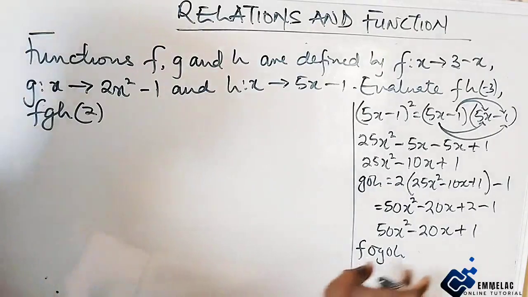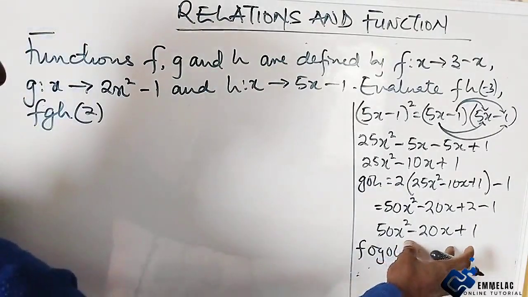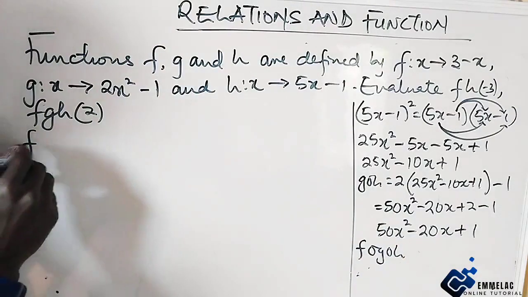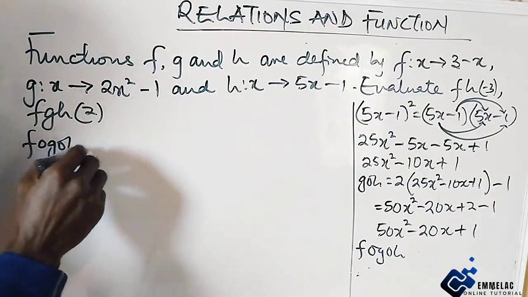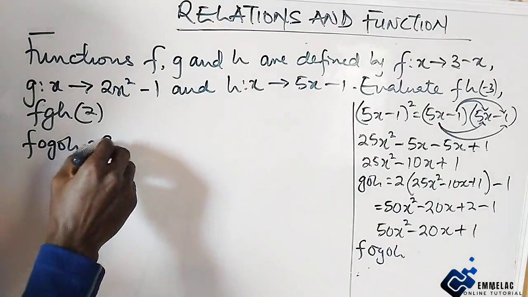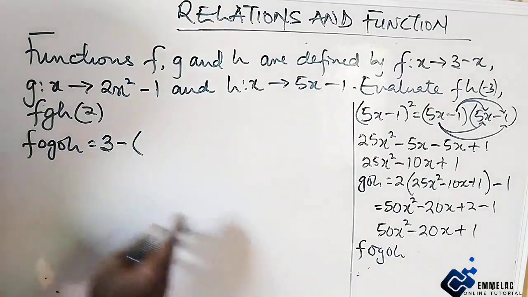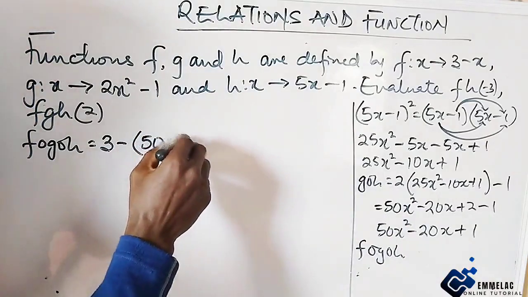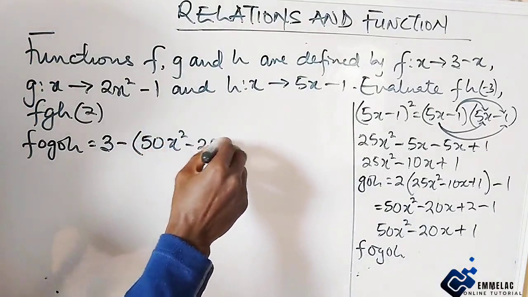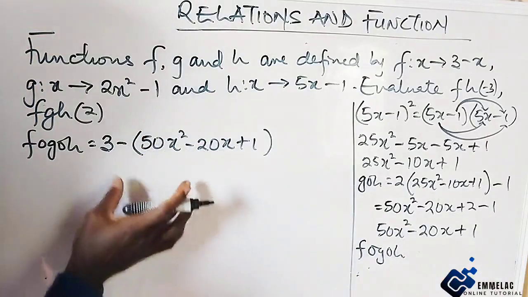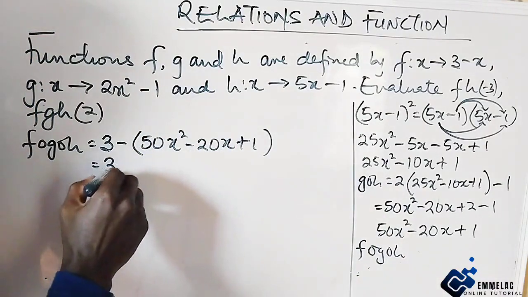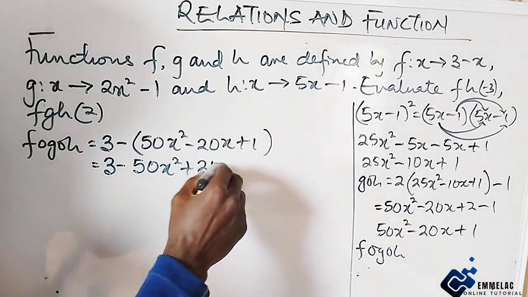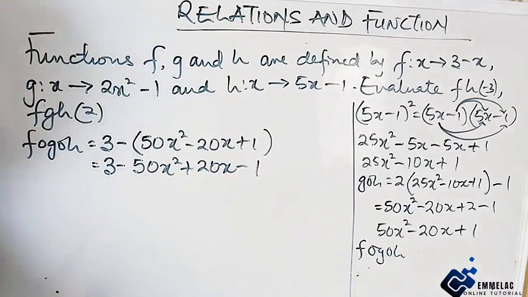We've gotten g of h. So f of g of h will now be 3 minus, in bracket, the whole of this, 50x squared minus 20x plus 1. Opening the bracket, we have 3 minus 50x squared plus 20x minus 1.